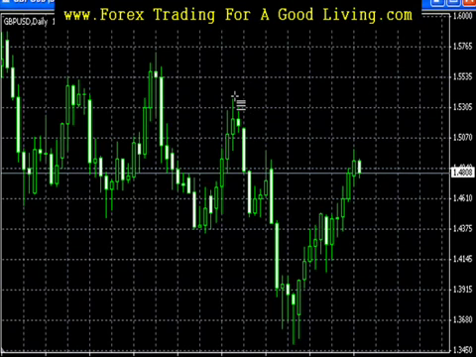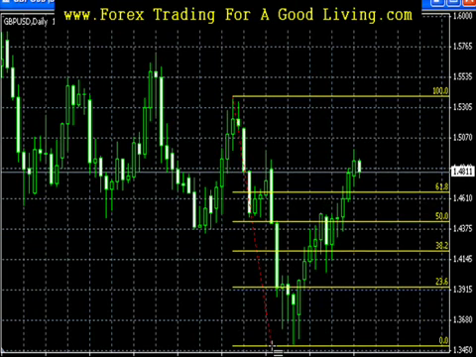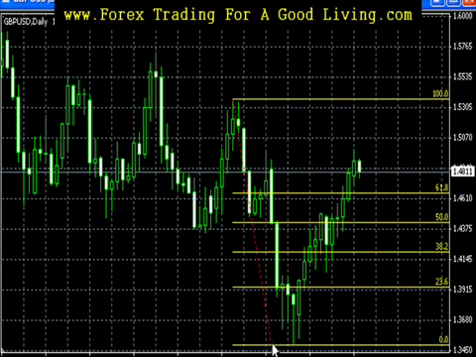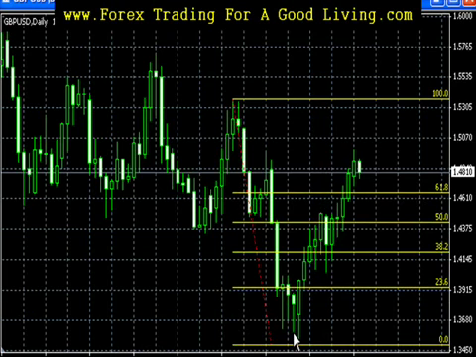You take a high, for example, here's one way to draw it. You take a high to a low, okay? And you want to see how much the price will possibly retrace, with good probability. So for example, you have a high, you have a low.